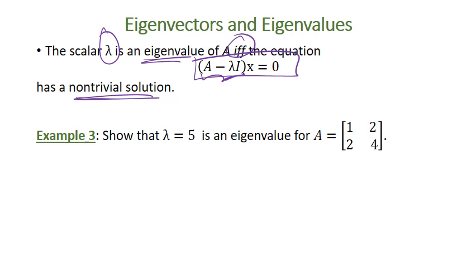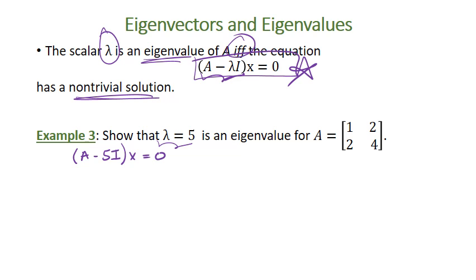Okay, so if we want to show that lambda equals 5 is an eigenvalue for A, what we want to do is start off with this equation. So we want to show that A minus 5I times X is equal to 0.